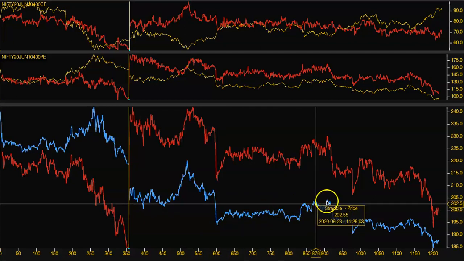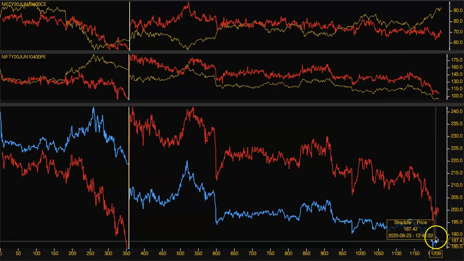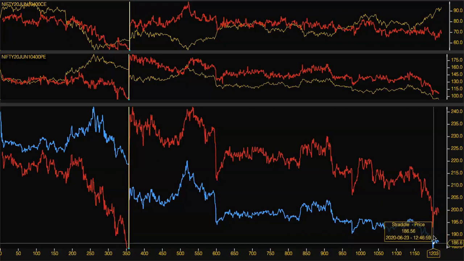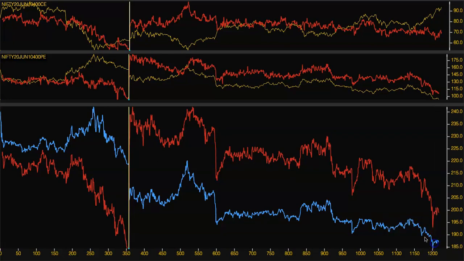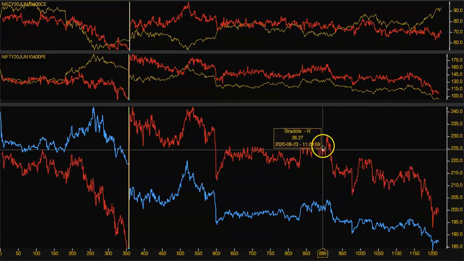Again right now there is one steep fall. Here we got the price at around 186, and from 186 it is traveling up. Mostly the price will go up from here because the IV has crashed too much.